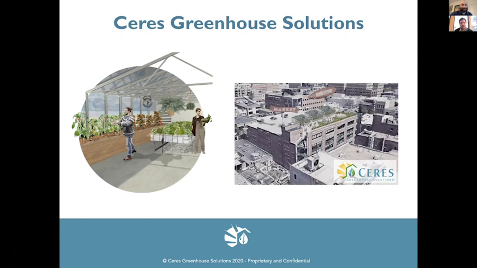Yeah. So anyway, in closing, I believe there's a big place for energy efficient greenhouses in the urban agriculture realm. Ceres is based in Colorado. I'm based in Montana. The term urban can take on many different meanings. Downtown Livingston, Montana, where I live, is much different than downtown Manhattan, New York City.